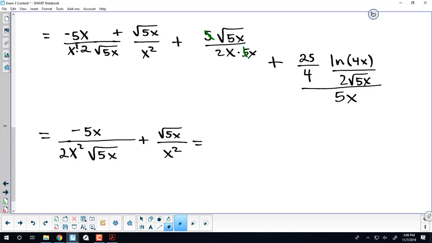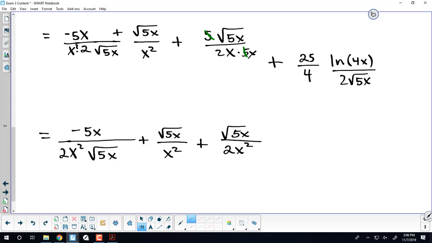So what do we have left? Plus root 5x over 2x squared. Same thing here. That 5x comes into the bottom. So that's 5, that one.